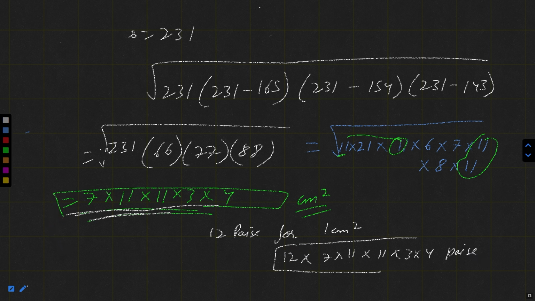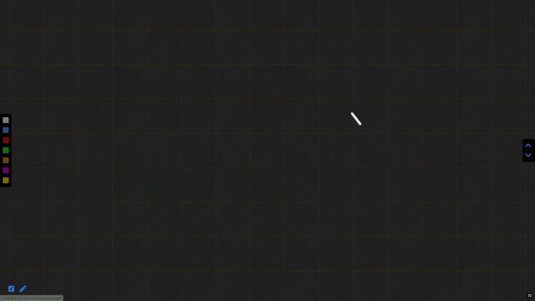To convert it into rupees, we know that 1 paise is equal to 1 by 100 rupees.